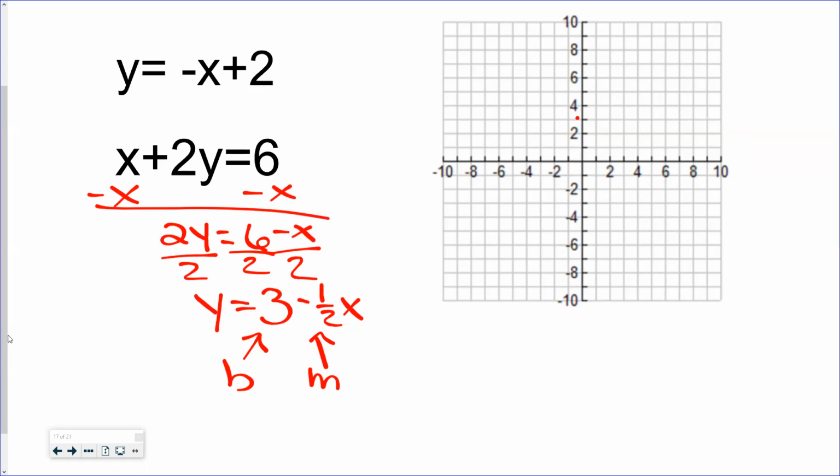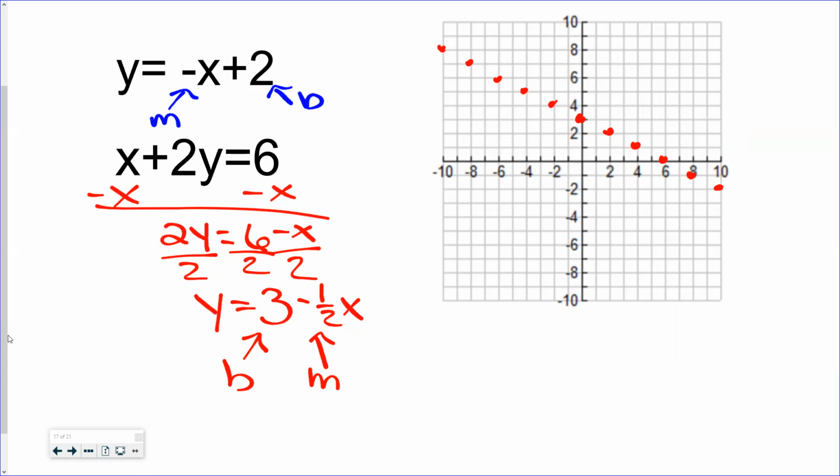So y-intercept of 3, and then down 1, 1, 2, down 1, 1, 2, and I'm going to keep going until I get my entire line. And then I'll go ahead and do this other one. My y-intercept this time is 2. My slope here is negative 1.